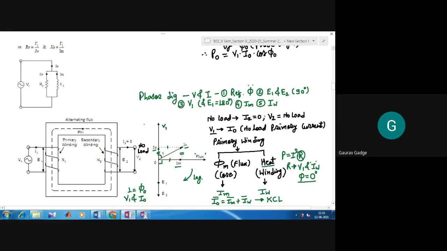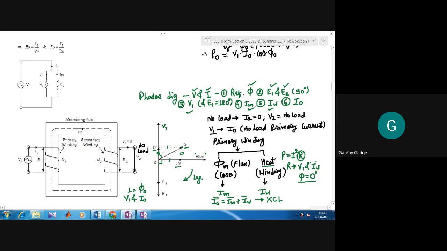Now, what all parameters are represented in this phasor diagram? As I already said, you have to represent voltage and current. So first we consider the reference parameter, that is flux. Then we consider the EMF, and EMF is nothing but the voltage. Then voltage V1, then currents Im and Iw, and lastly we have said that total resultant current is I naught, and I naught is the summation of Im and Iw.